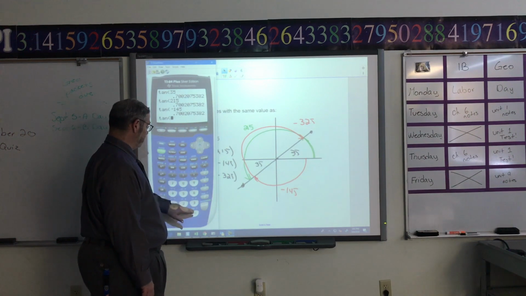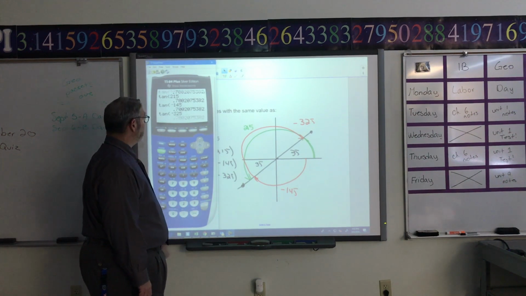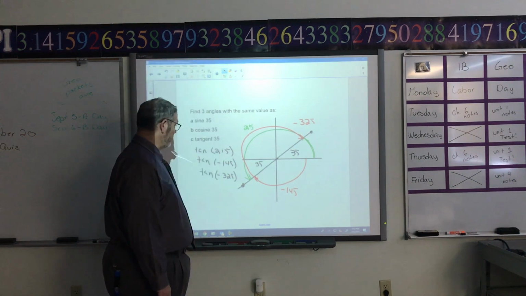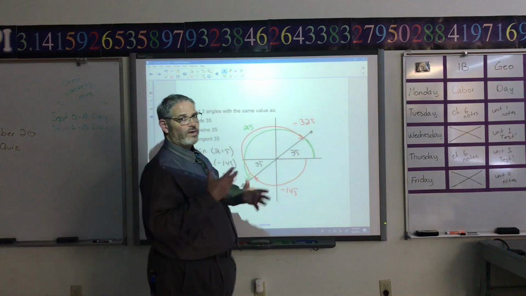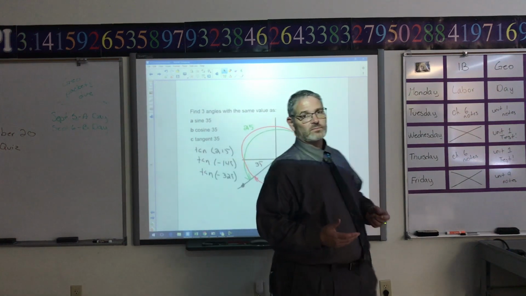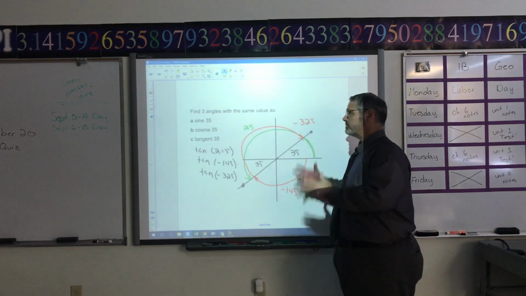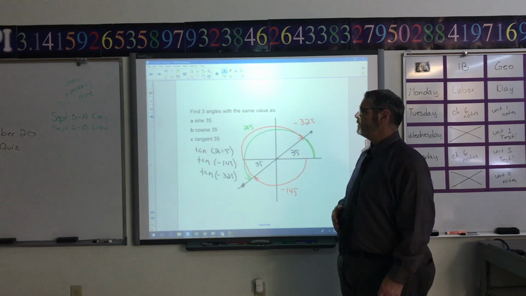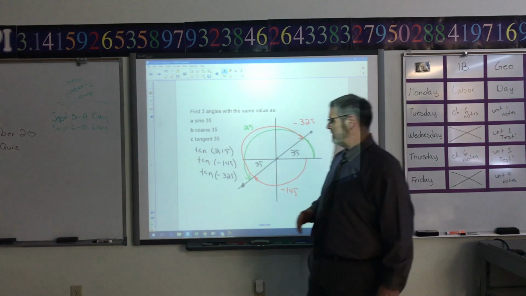And lastly, the tangent of negative 325, 0.7002. So you'll see they are all related that way. Okay? Hopefully in class I'll give you a shortcut that might make it a little easier for you to understand.